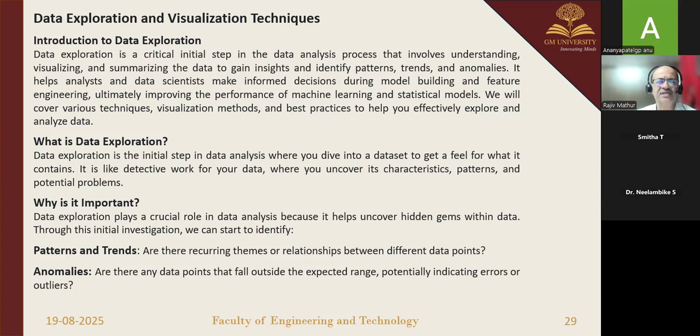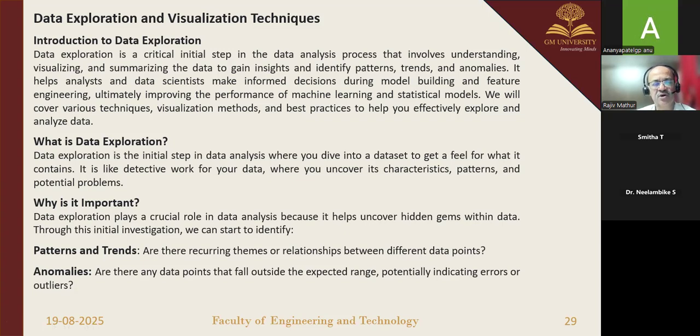Data exploration is a critical initial step in the data analysis process that involves understanding, visualizing, and summarizing the data to gain insights and identify patterns. You have studied exploratory data analysis, EDA. Those techniques we have already done in the previous modules, but again, they would fall as a part of our study in data prediction and decision making.